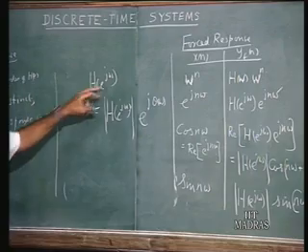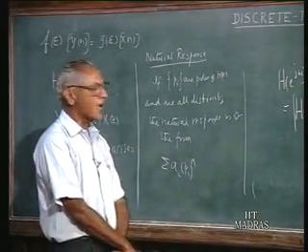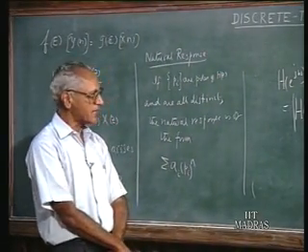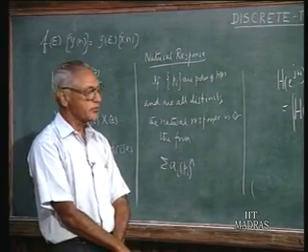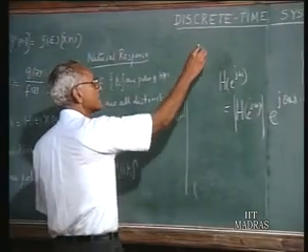So clearly h(e^{jω}) has the same role to play in deciding the frequency response as h(jω) in the continuous time system. So this is called the frequency response function.